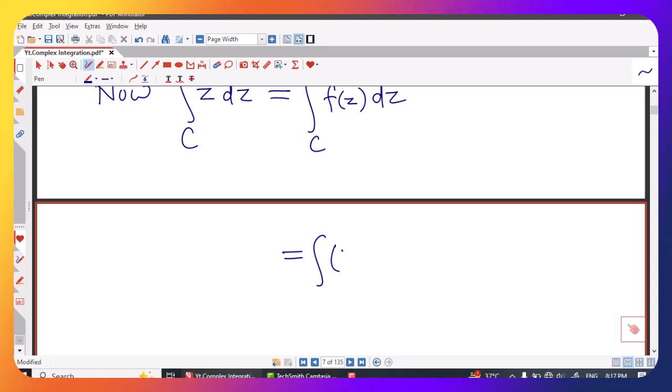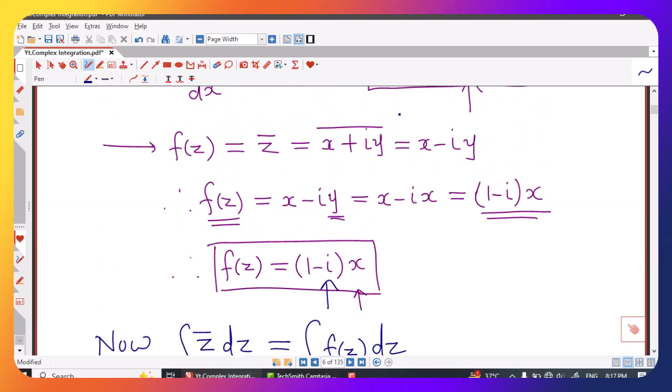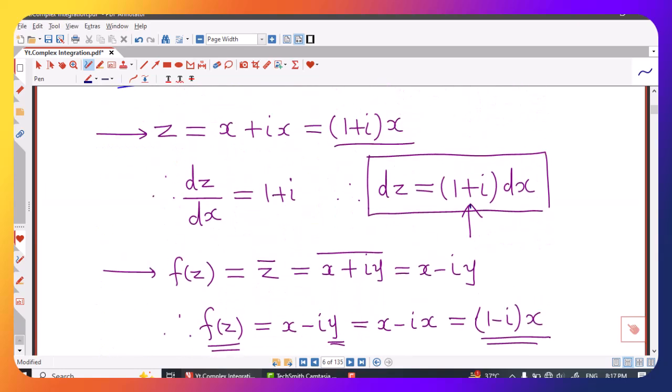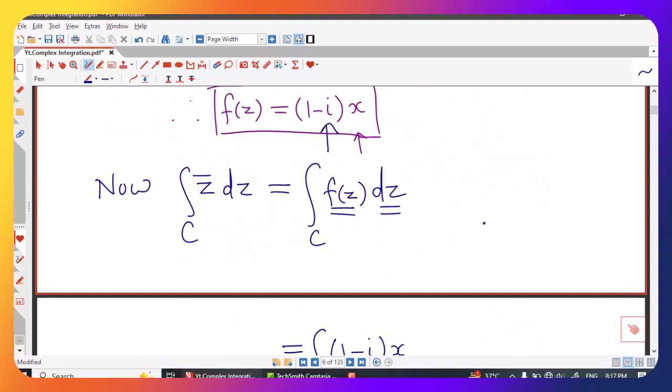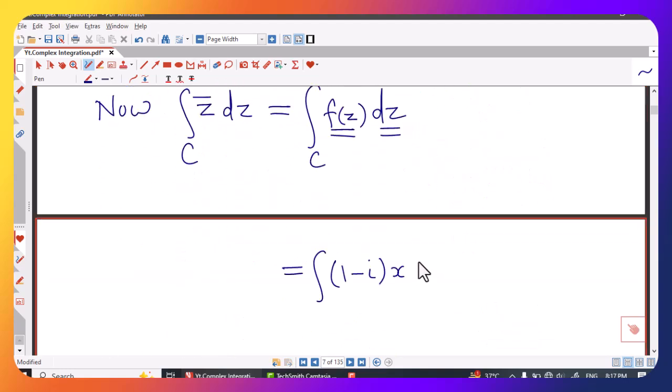Let me write here 1 minus i times x. This is f of z. dz is 1 plus i times dx. So I replace dz by 1 plus i times dx, and we can see everything is in terms of only one variable x, and here integration is with respect to x.